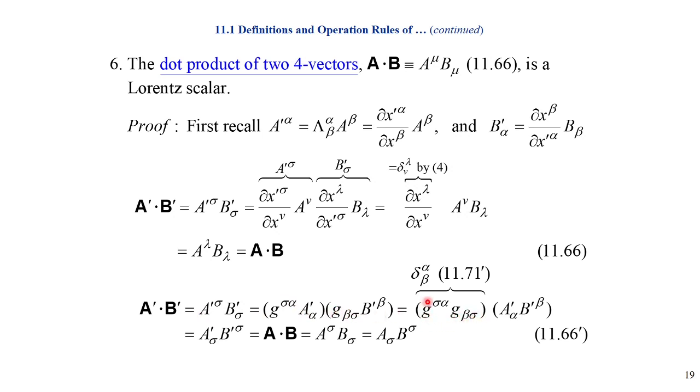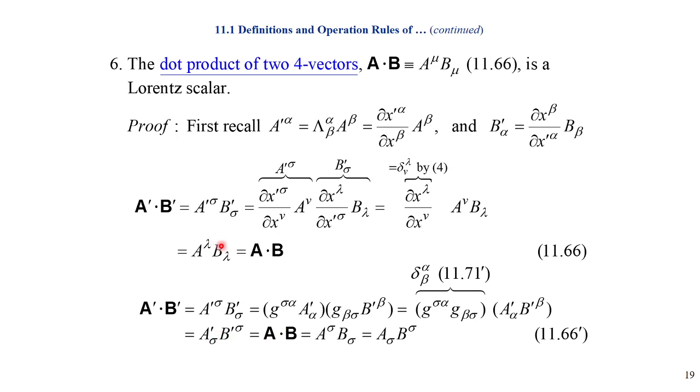And once again, this gives us a connected delta. So the sum over sigma gives us delta alpha beta. Therefore, A sigma prime B prime sigma equals this one.